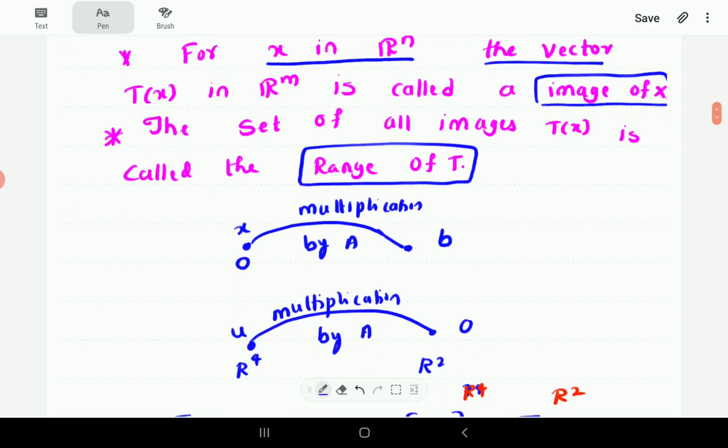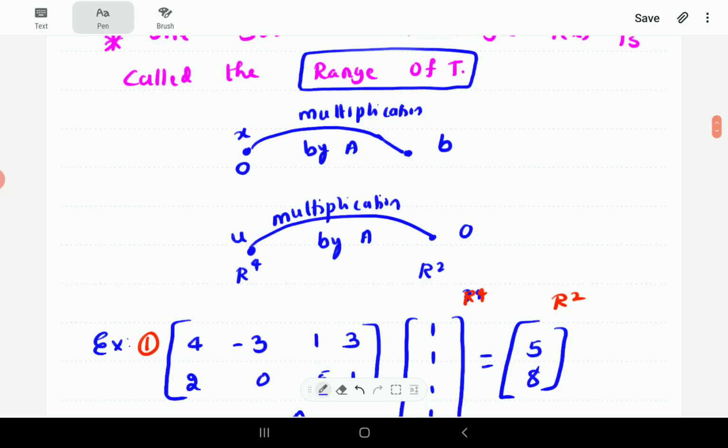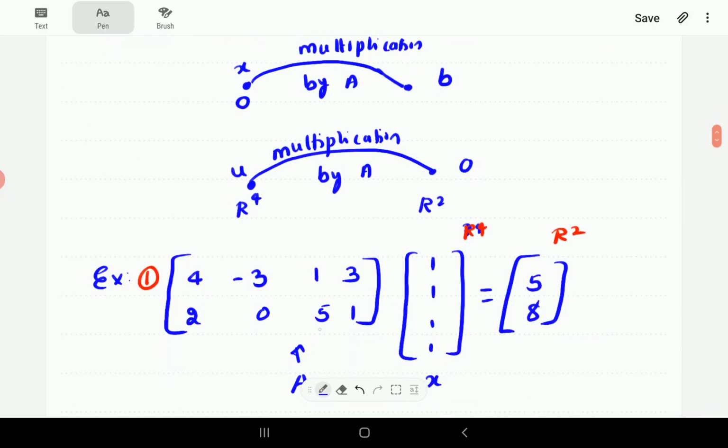So why are we calling it a transformation? We would have called it just a basic function, right? But what is happening in this case, let me explain with this example. Suppose you have this matrix, and you multiply it with the vector x which is in R4. There is a transformation happening here.